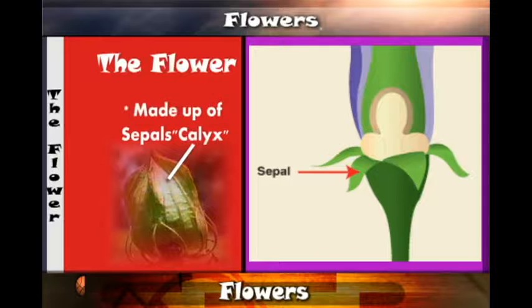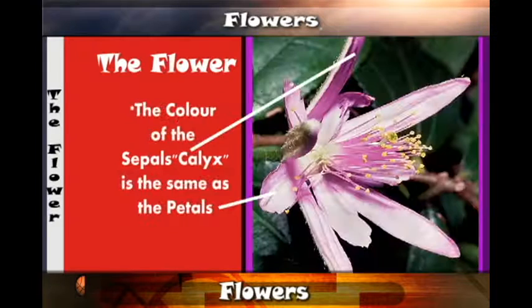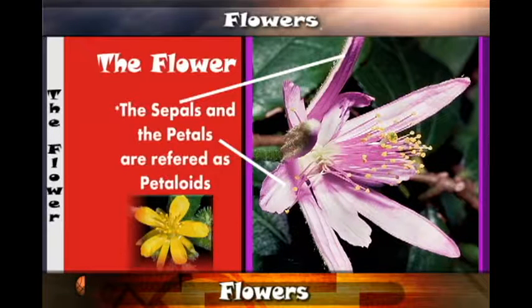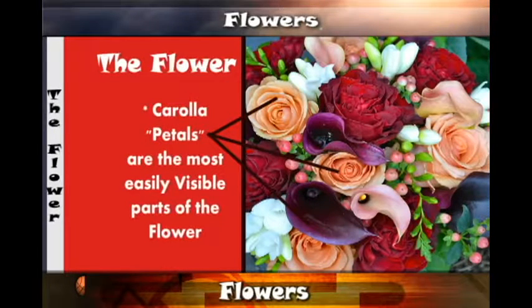And when it has colors that resemble the petal, we call it petaloid. We saw the corolla, which are the petals, and we say that they are the most conspicuous part of the flower. They produce scent, and then they also attract the pollinating agents.